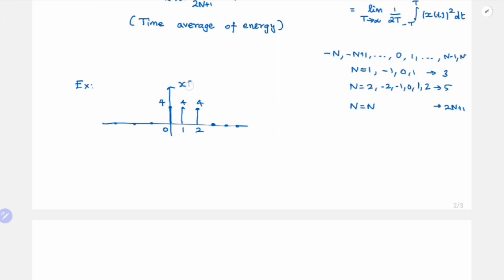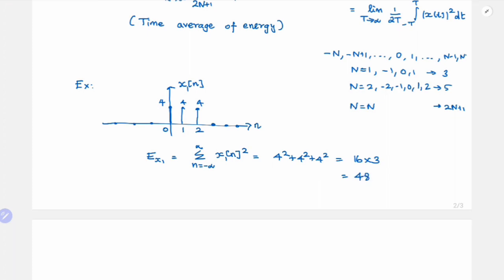So this is my x1 of n. So what will be the energy of this? So Ex1 is nothing but summation n equal to minus infinity to infinity x1 of n whole square, which is nothing but 4 square plus 4 square plus 4 square. Again it is 16 into 3, which is nothing but 48.